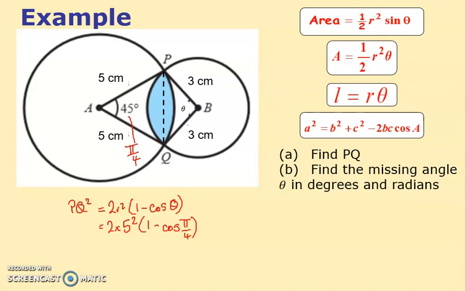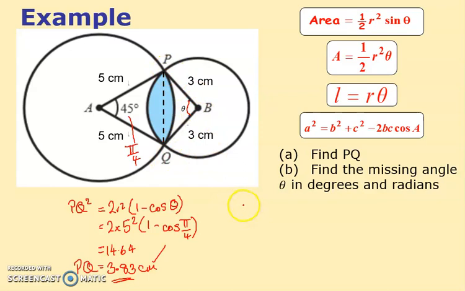So I'm typing this in, 2 times 5 squared times, in brackets, 1 minus cos of pi by 4. Okay, so I get 14.64, and therefore PQ, according to me when I square root it, is 3.82. Part 3, find the missing angle. Now the missing angle comes about from the fact that this distance is the same no matter which way round you do it. So I have 3.83, but I can also do it on this side.